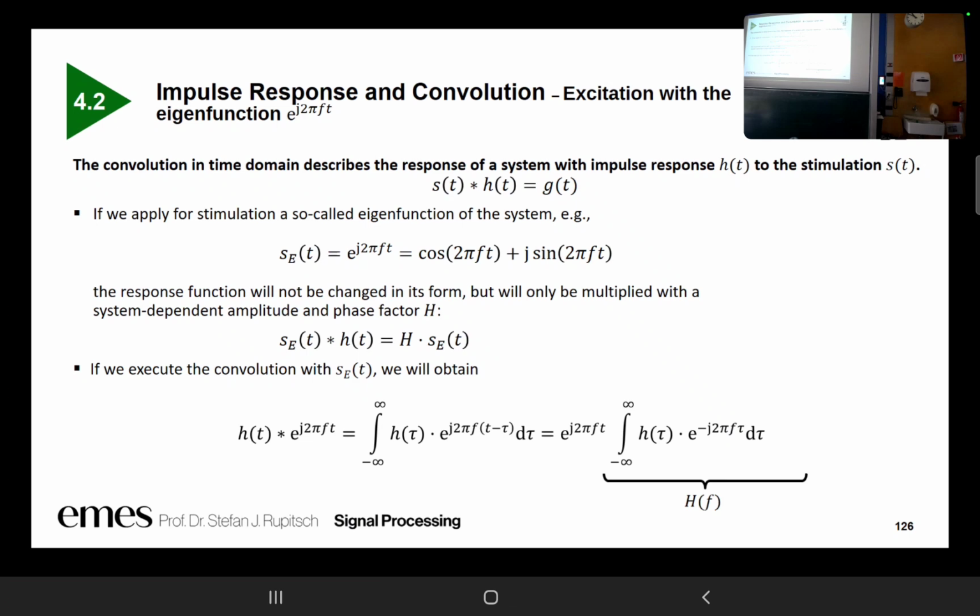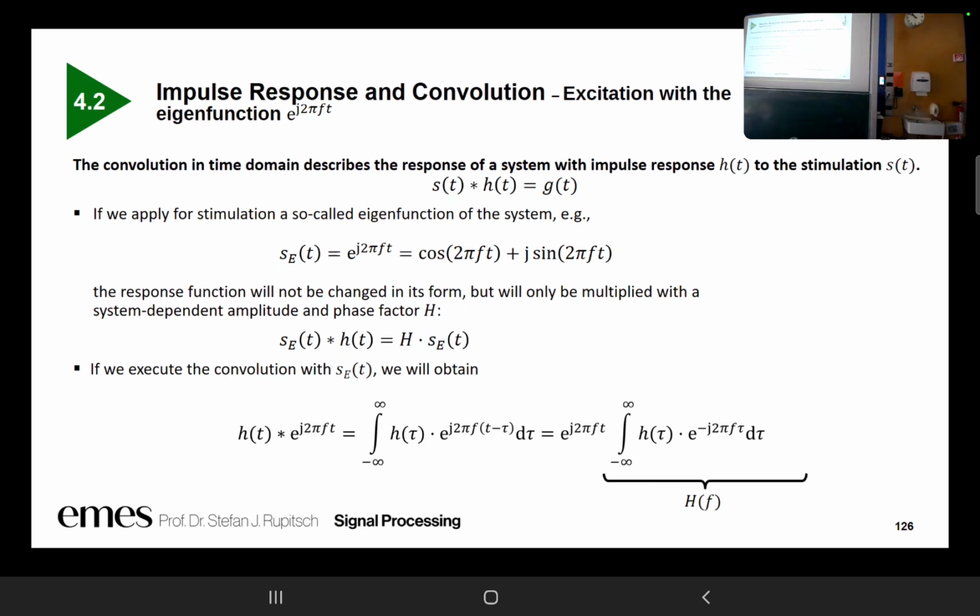You all know this thing which is able to describe the frequency domain. How do we call it? I'm interested now in the representation of the impulse response in the frequency domain.